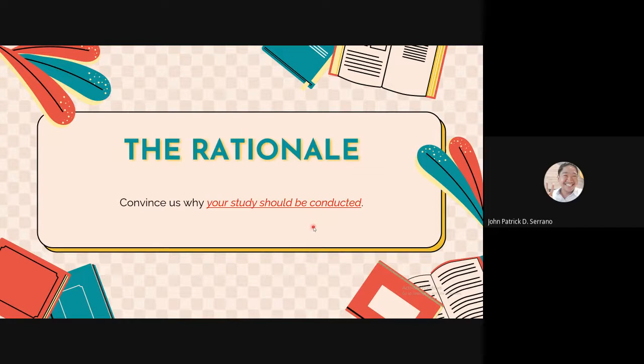So, ang isang bidang-bida sa bandang dulo, justification ito kung tutuusin. Pero isang bidang-bida pagdating sa pagsulat ng rationale is your problem. Kasi you have to discuss your problem and you need to show enlightenment dun sa problem na yon. And you should have a deeper knowledge regarding the natures of that problem.